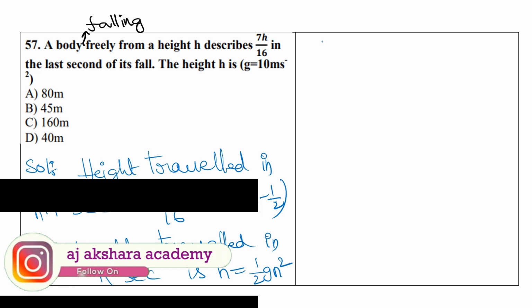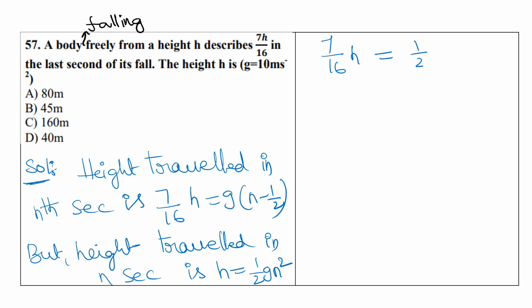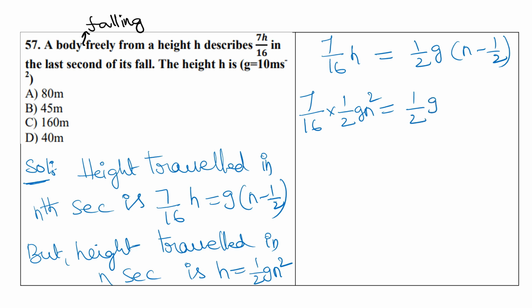So 7 by 16 h is equal to half g into n minus half. In this equation we are substituting h, nothing but half g n square. So 7 by 16 into half g n square is equal to half g into n minus 1 by 2, which can be written as 2n minus 1 by 2.